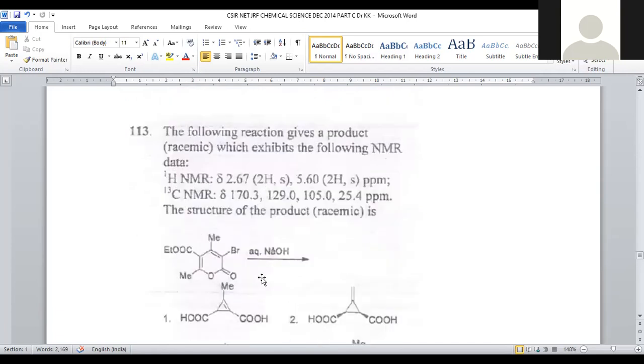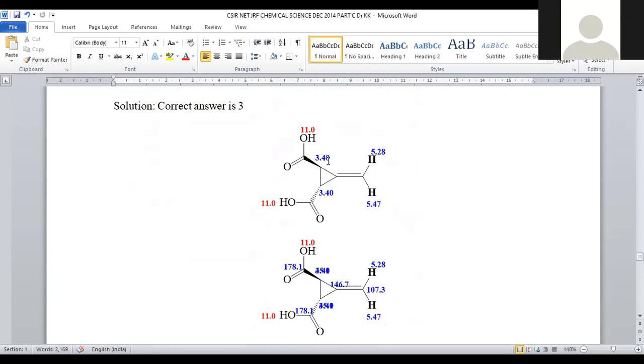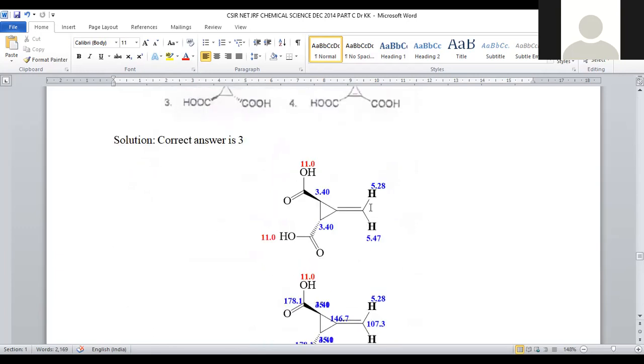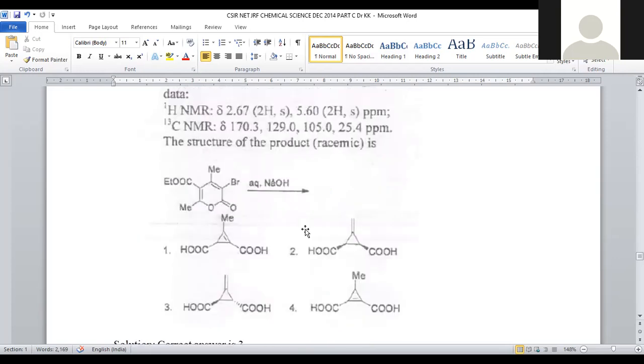Within the problem, proton NMR and C13 NMR data were provided. So if you go with option number 3, here these are said to be vinylic hydrogens. Vinylic hydrogens at 5.28 to 5.47 values are provided, and when the cyclopropene ring is attached, this OH will give the signal at 11.0, and another also at 11.0, and this cyclopropyl having one more proton here will appear at 3.4.